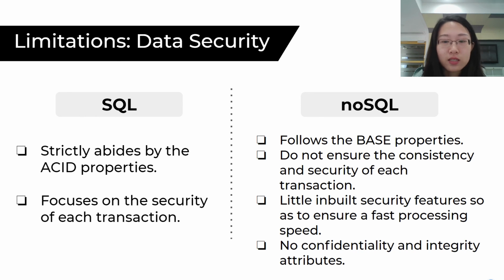There is a chance that multiple transactions can take place at the same time and interfere with one another. Furthermore, NoSQL database has very little inbuilt security features in order to ensure a fast processing speed. Also, NoSQL does not consist of confidentiality and integrity attributes, which further reduce its level of security.